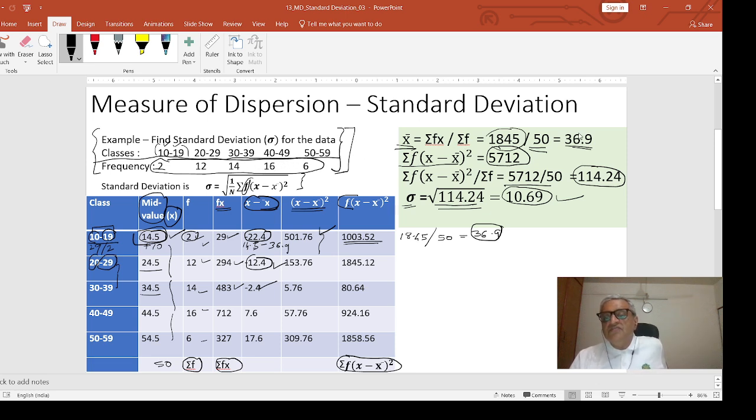In this case, we got 36.9 as the arithmetic mean. You know how to calculate it: you multiply frequency with mid value, take the sigma of that, and divide by the total number of frequencies. This is how we arrive at 10.69.